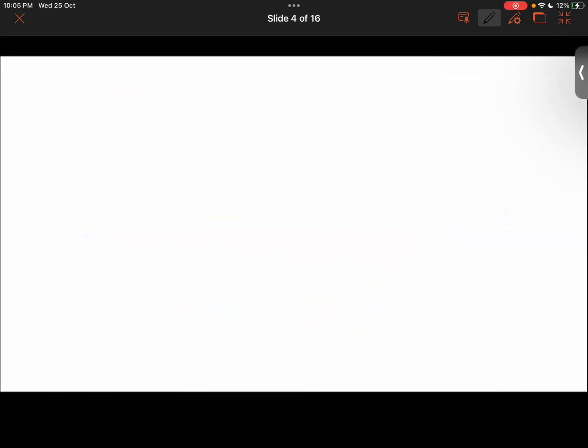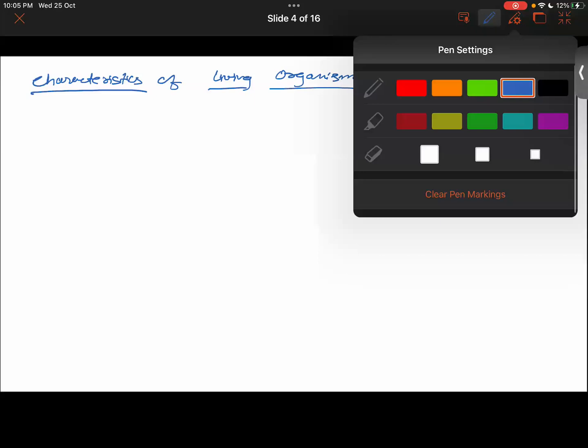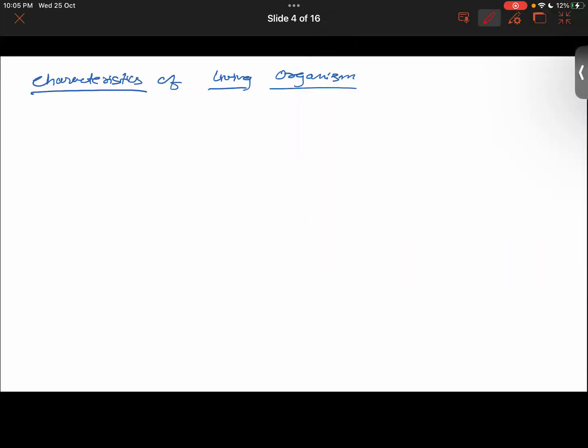If you were to talk about characteristics of living organisms, if you were to look at the plant, usually they do not appear to move like we humans are moving, like the chimpanzees are jumping from here to there, like the polar bears are moving, like the birds are flying in the air. So the plants do not tend to show any movement, right?